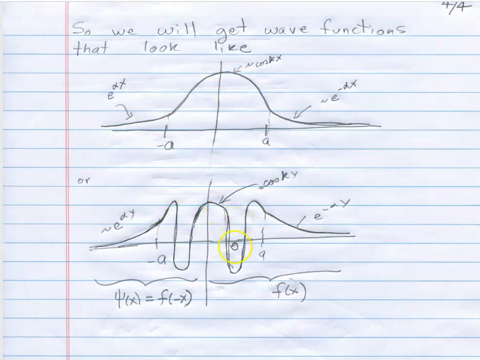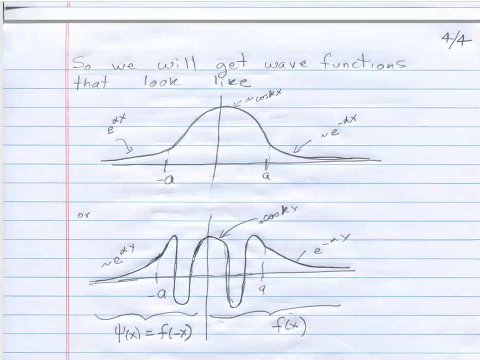This one would be the first even higher energy solution. And I think that's it on this one. We'll pick up here next time and do the matching at these two boundaries and see what that leads to.